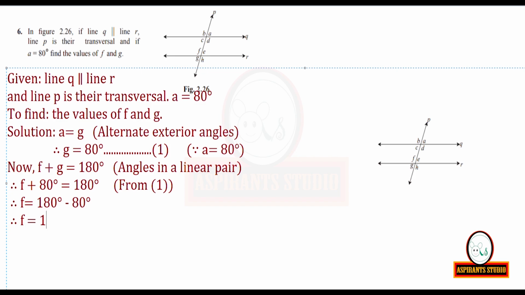Now in the question we are asked to find out the values of F and G. Read the last line of the question. Find the values of F and G. In the same pattern you have to write the answer. You have to read the question and accordingly you have to write the answer. You are asked to find the values of F and G. So how will you write the answer? The value of F is 100 degrees.